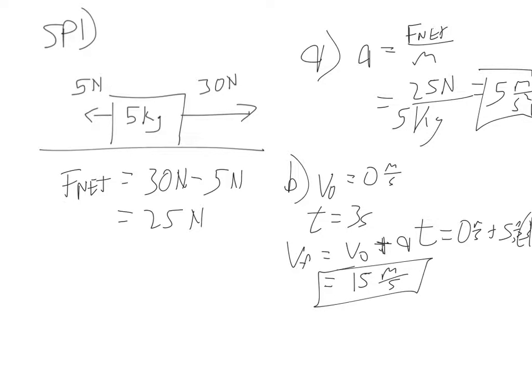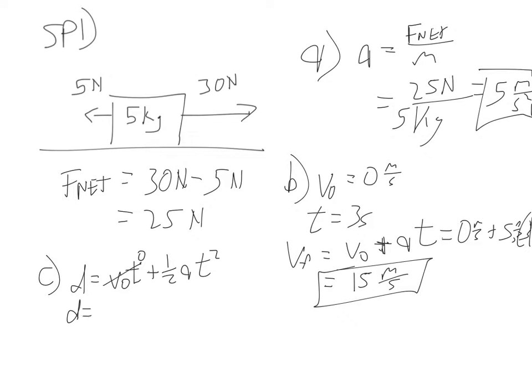And lastly, in part C, it's asking us how far does it travel during that amount of time. Again, you'll have to recall that distance traveled for an accelerating object is v initial times t plus 1 half a t squared. V initial is 0, so that term goes to 0.